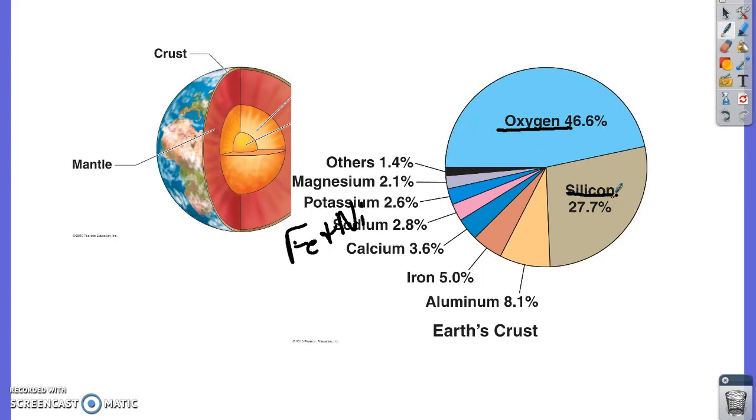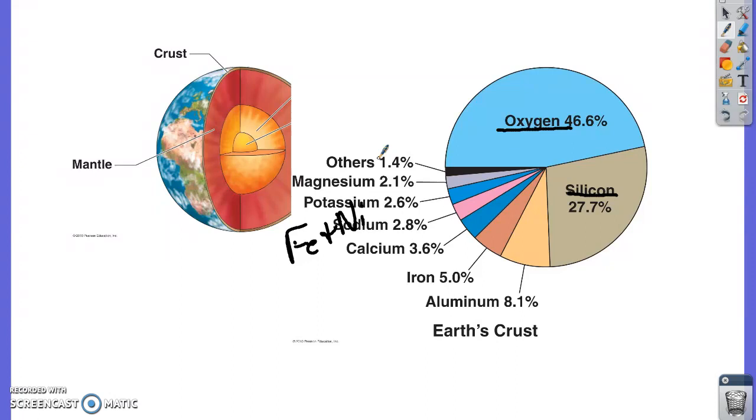If you add those two together, you get about 74%, about 3/4 of the Earth's surface crust is made of silicon and oxygen. Once again, we're talking about quartz here, and some of the very common minerals and rocks that contain silicon and oxygen. Then aluminum, iron, although it's not nearly as common as inside the Earth, calcium, sodium, potassium, magnesium, and then others make 1.4.